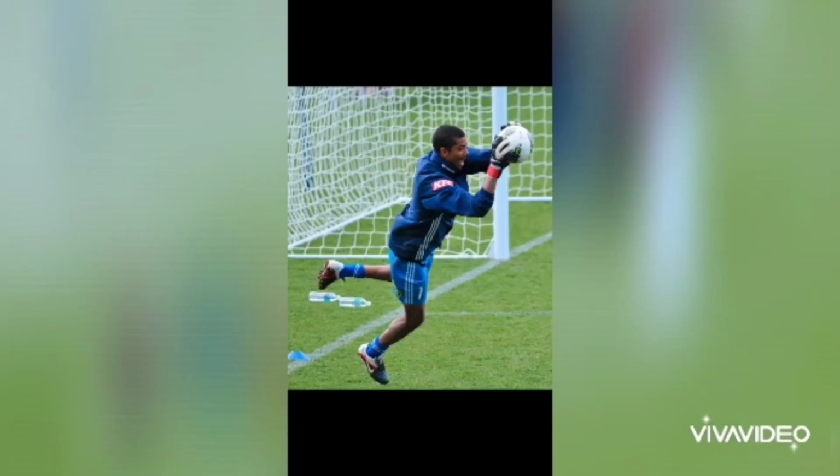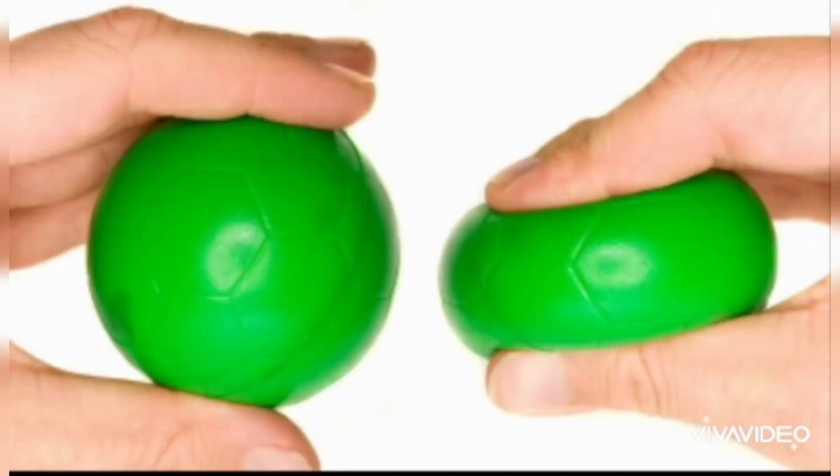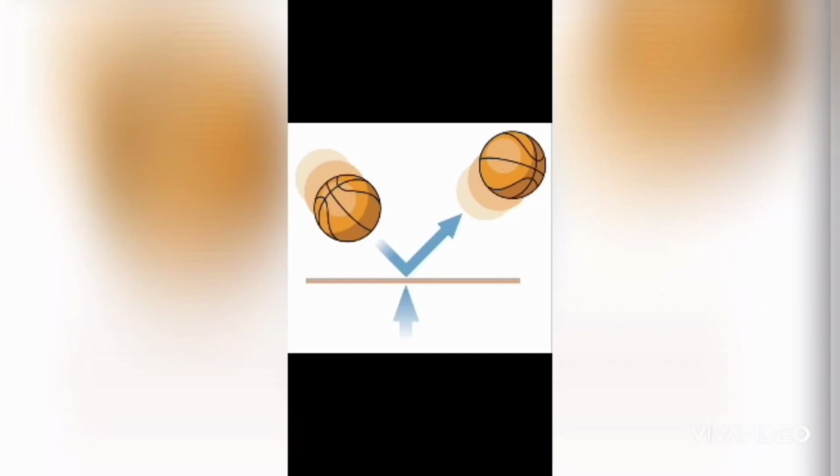Am I correct? So we can understand that if there is no force, no actions can happen. Or we can say that none of these actions takes place without the action of force.